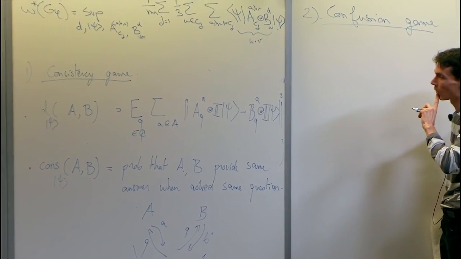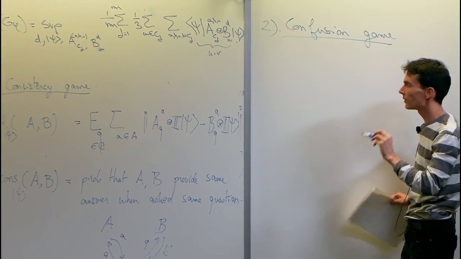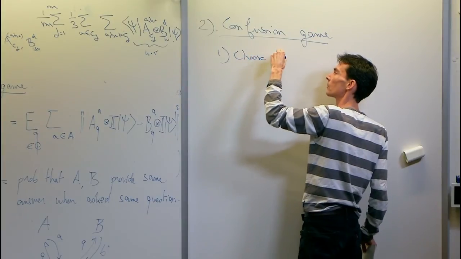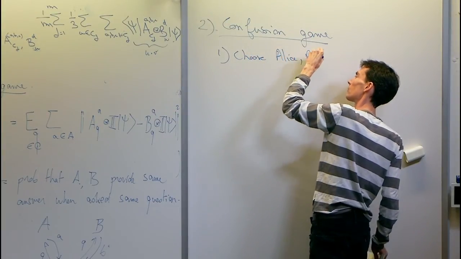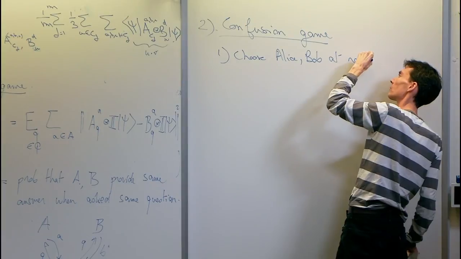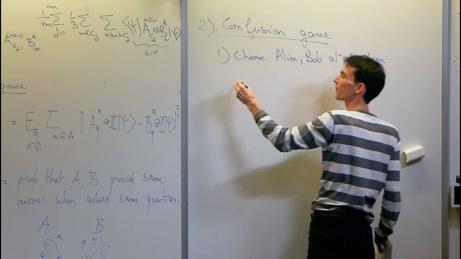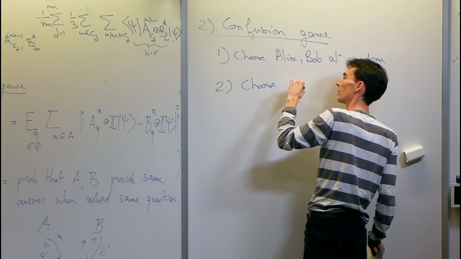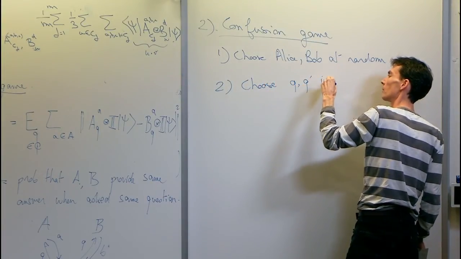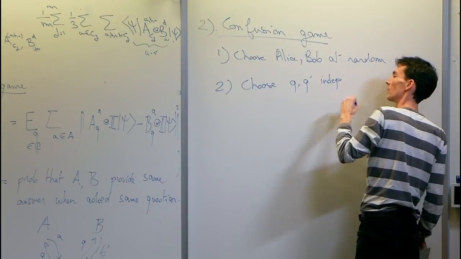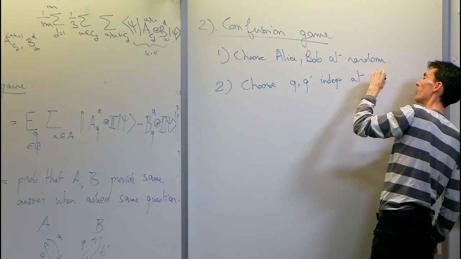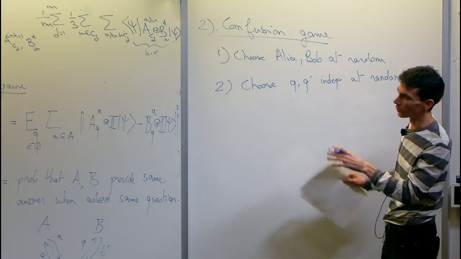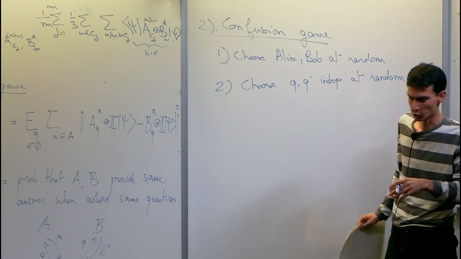So there's an Alice and a Bob again. You choose Alice, Bob at random. Now you choose two questions, Q prime, independently at random. I'm leaving the at random vague; again, this uses some fixed distribution. For instance, for 3-SAT, the uniform distribution on the clauses.